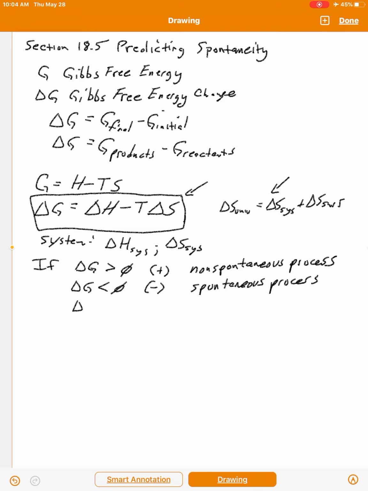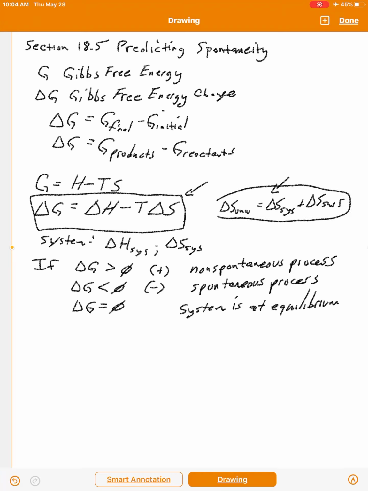And if delta G is equal to 0, the system is at equilibrium. Now, this is the opposite of what we saw for the entropy equation. That said that if the change in entropy of the universe is positive, that would be spontaneous. But the Gibbs free energy change has the opposite notation.